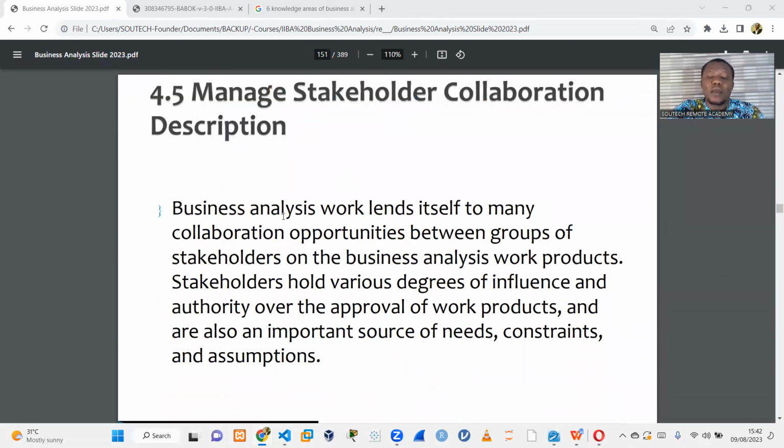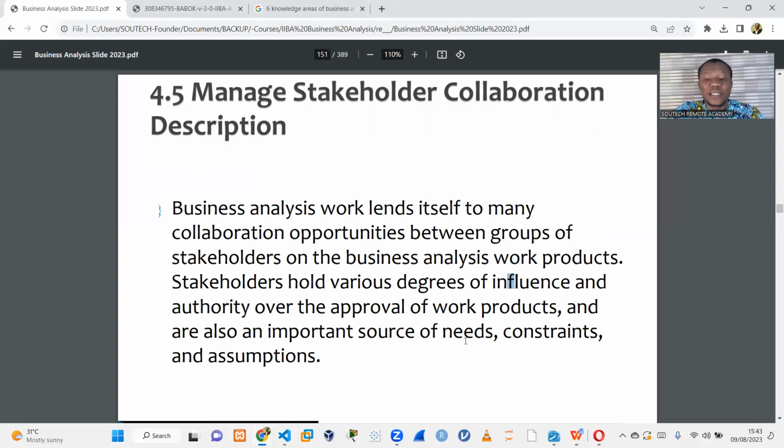Now, business analysis work lends itself to many collaboration opportunities between groups and stakeholders. Now, stakeholders hold various degrees of influence and authority. So some people have very small authority, some people have high authority, some people can make a project not work. Now, they have varying degrees of authorities over approval of work products.